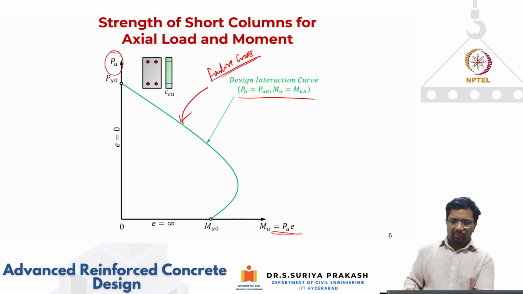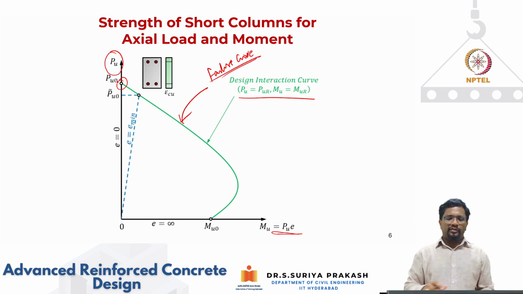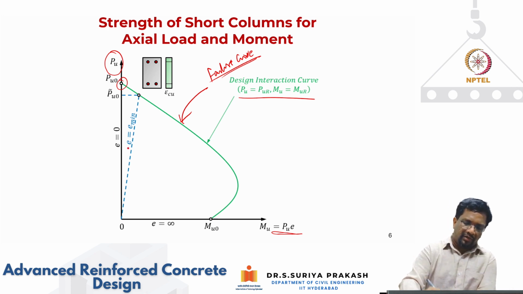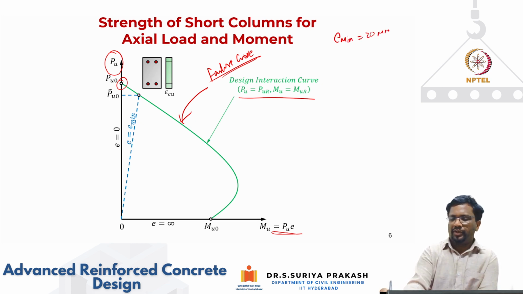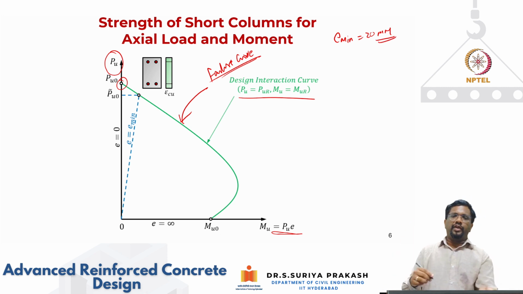So this is the first point, pure axial compression, and we have seen that the entire cross section will be subjected to the same level of axial compression. But this is a theoretical thing. The code says that you have to take some minimum eccentricity into consideration. So if you plot this curve with e equal to e minimum, as you have seen, at least 20 mm should be considered, or L by 500 plus D by 30.